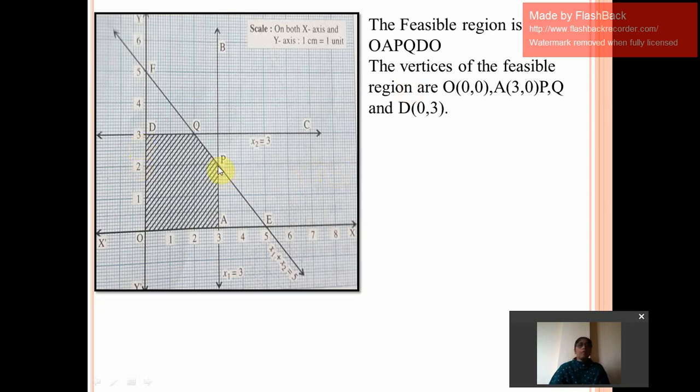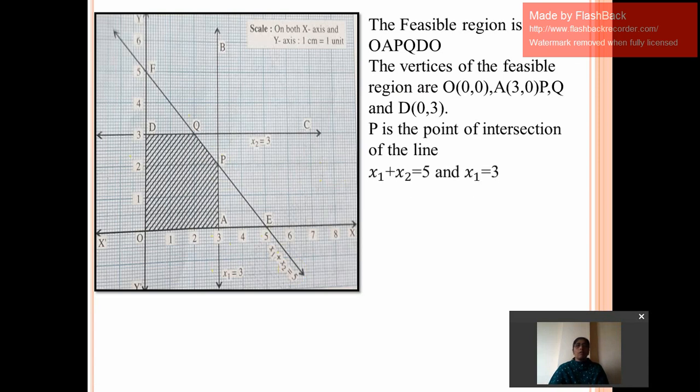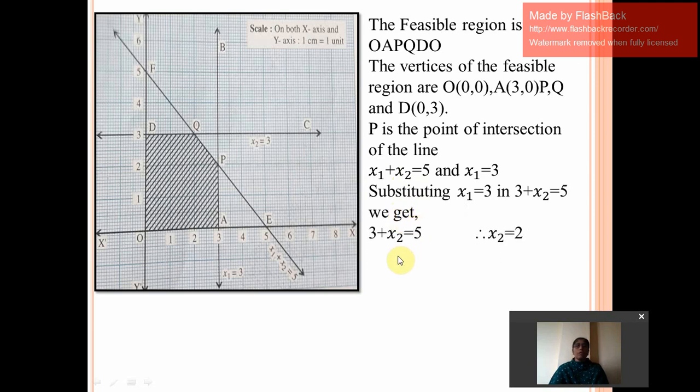To find vertices P and Q, P be the point of intersection of the line x1 is equal to 3 and x1 plus x2 is equal to 5. Solving these two equations, substituting x1 is equal to 3 in x1 plus x2 is equal to 5, therefore x2 is equal to 2. P coordinate (3, 2).